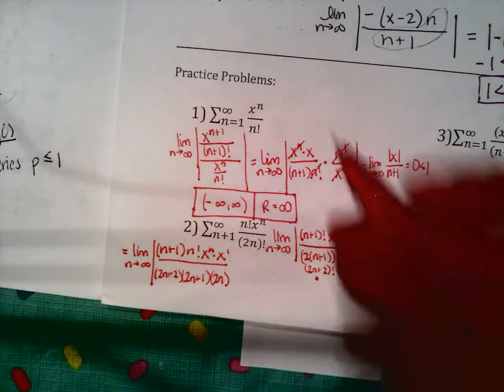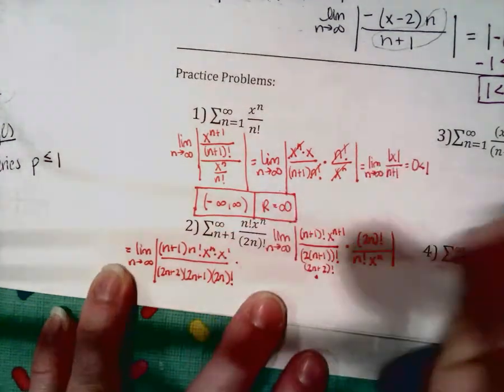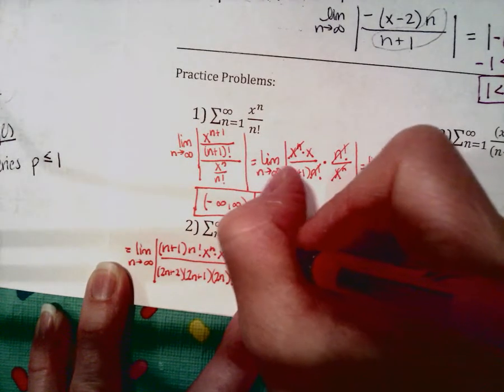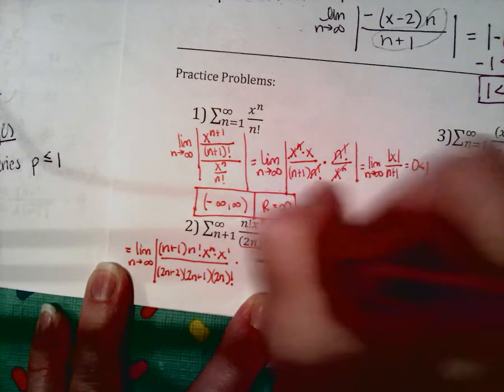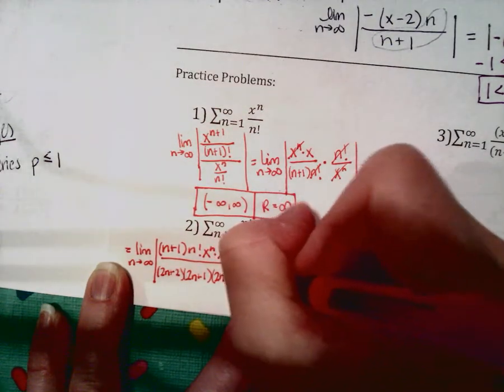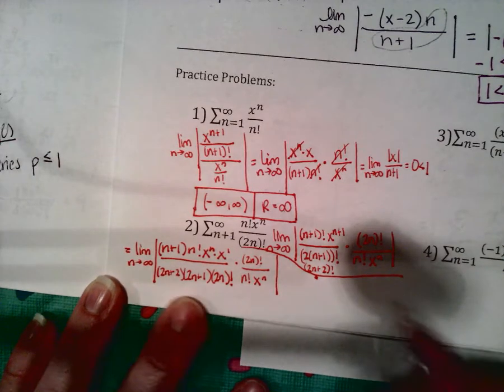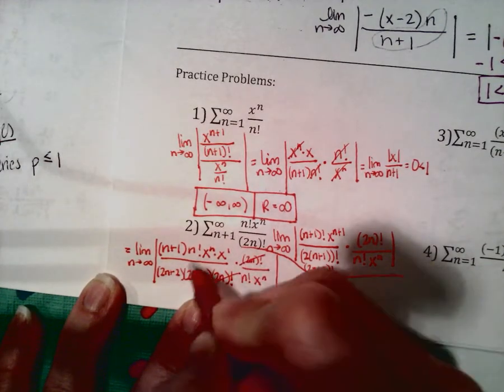So I'm going to put the factorial there with the 2n. Now on the top we had 2n factorial, and then over n factorial x to the n. So we can cancel out the 2n factorial, the n factorial, and the x to the n.